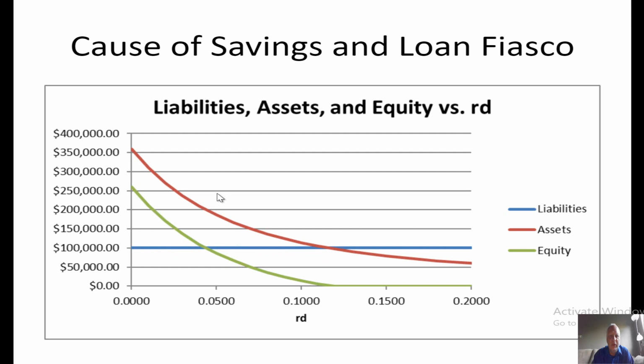Whereas the value of the assets, if they're 30-year fixed-rate bonds, and interest rates go up, bond prices go down, they plummet. So assets go down in value, liabilities stay the same. As the assets go down, the value of the equity plummets, since equity is just assets minus liabilities.